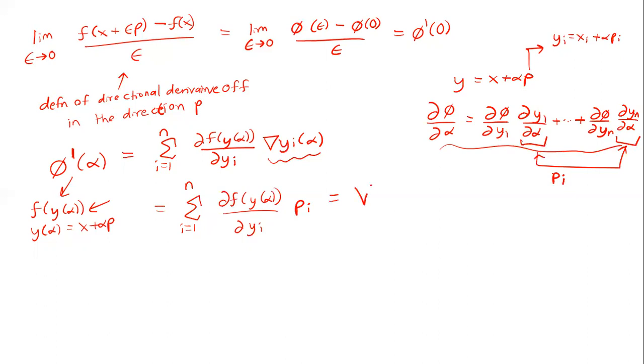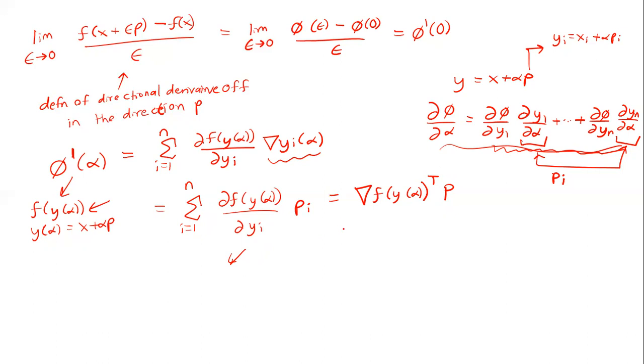And then we could rewrite this as del f of y of alpha transpose p, because we can see that if we do this out, it's going to give me this type of expression over here, which is going to be the derivative of my function phi, which is f of y of alpha, with respect to every decision variable, or sorry, not every decision variable, every y. And so that's going to make this gradient vector del f of y of alpha, and then it's dotted against the pi's, and so those will form this vector p.